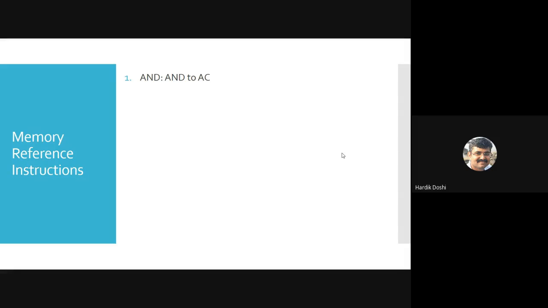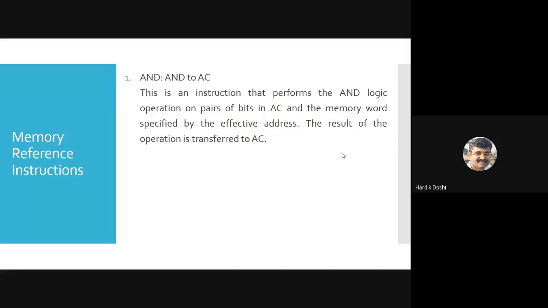What do you mean by AND? It is a memory reference instruction, meaning the operand is stored in memory, which is to be ANDed with the accumulator, and the result is stored back in the accumulator. Please read the statement.